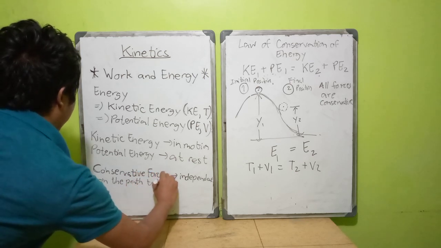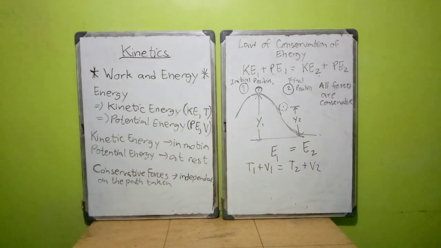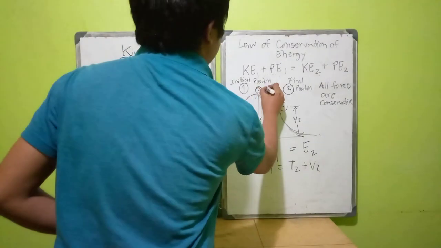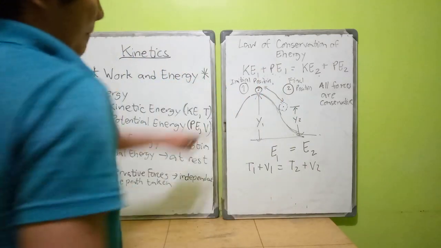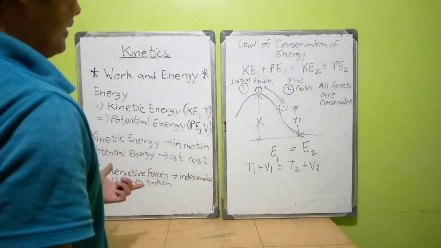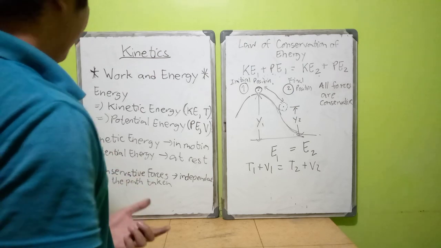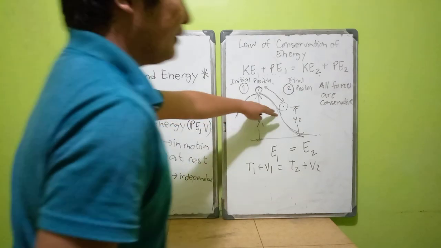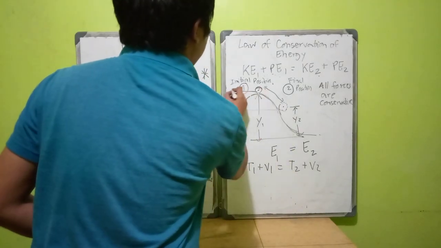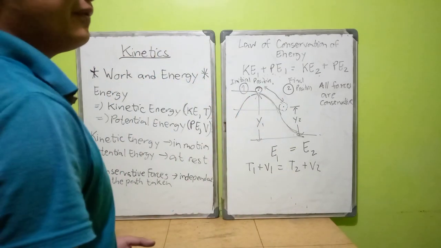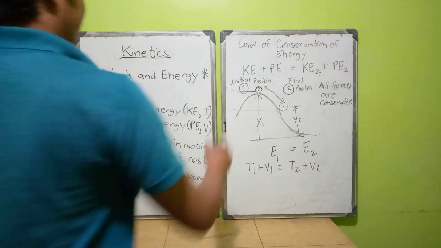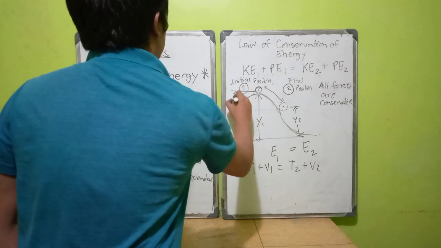So it doesn't matter what the path is. When we say conservative forces, all these types of forces rely only on the initial and final position of the particle relative to the y-axis.